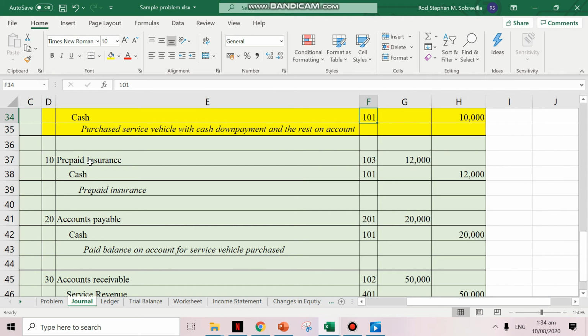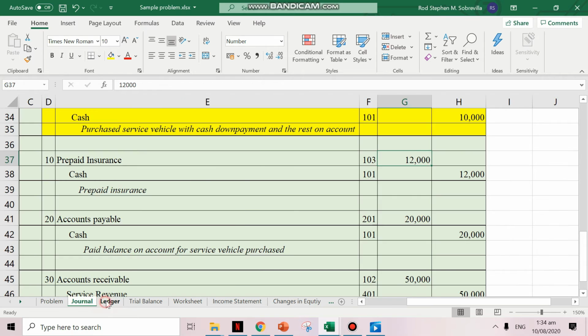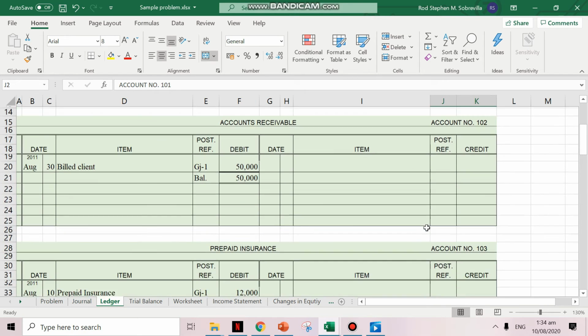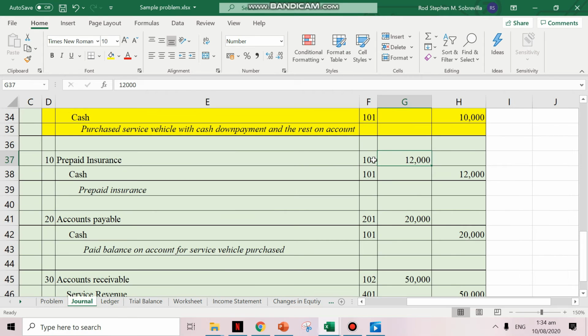And then, next is August 10, prepaid insurance, and then, debit sa 12,000, and then, pang ilan ulit siya, 103. Nasa 103 na tayo. Yan, prepaid insurance, year, month, date, description, amount sa debit, left side, tapos kung saan galing, and then, kunin natin account number, 103.